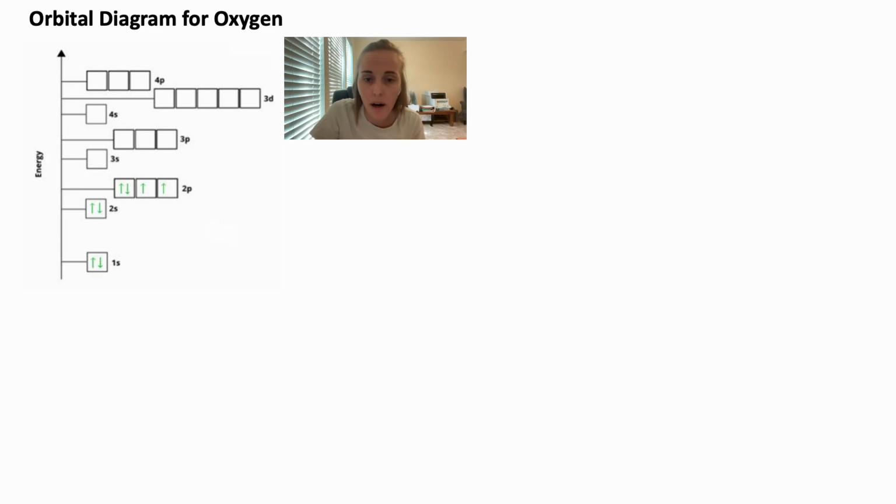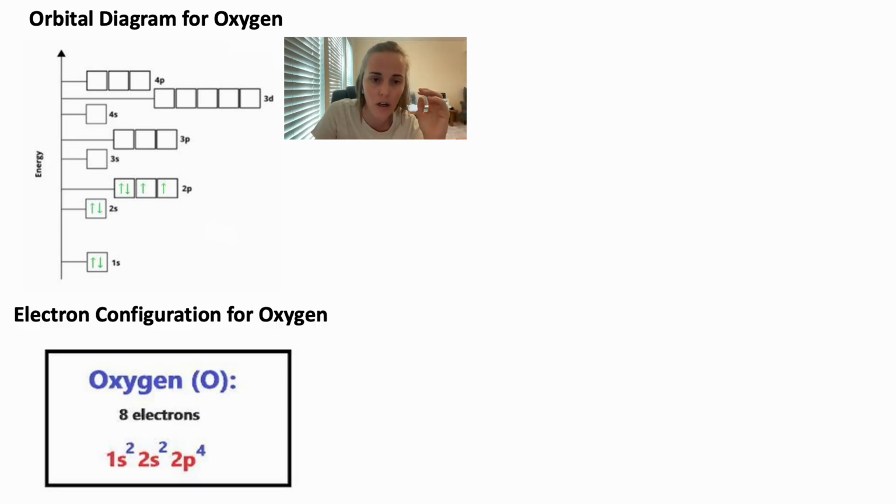So we're going to talk about oxygen. We just did this orbital diagram for oxygen. This is the correct orbital diagram for oxygen. And now we're going to talk about our electron configuration for oxygen. Guys, the orbital diagram and the electron configuration are saying the same thing.